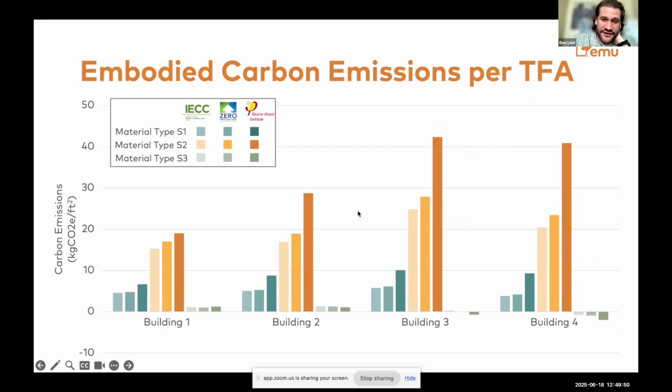So you can see the most inefficient building was building 3, followed by building 4. And you can see that the passive house emissions, which is this dark orange, is really high in the material type 2, and significantly less with more conventional materials, and really good when we look at the low embodied carbon material choices. So this is all one side of the coin.